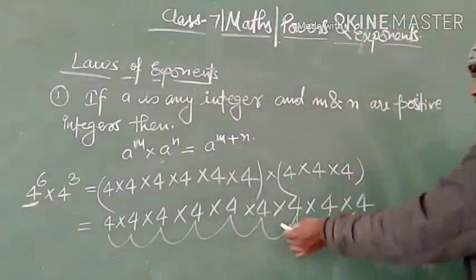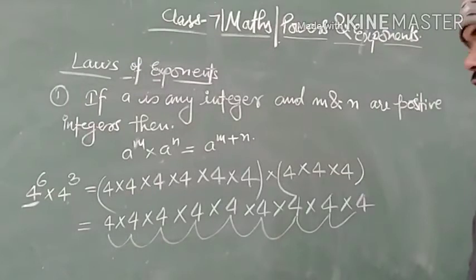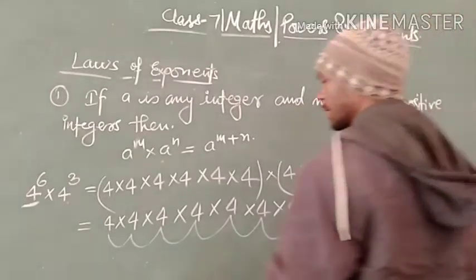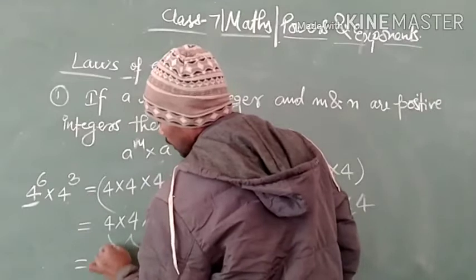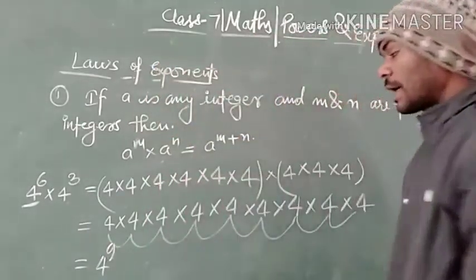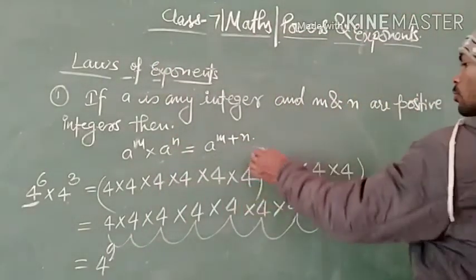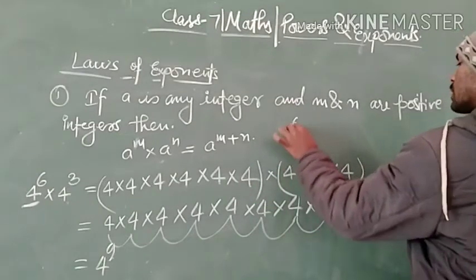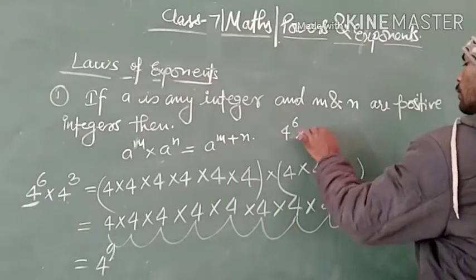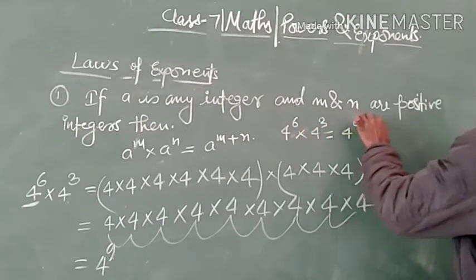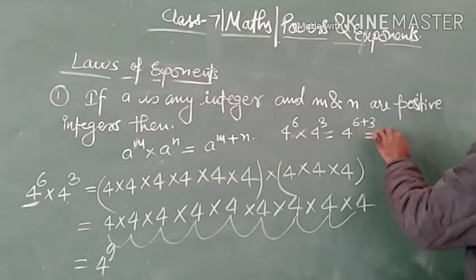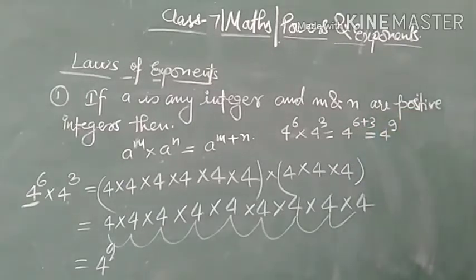So in this line it is clear that 4 is multiplied with itself 9 times, and hence it will be written as 4 to the power 9. Hence by the rule, 4 to the power 6 into 4 to the power 3 is equal to 4 to the power 6 plus 3 is equal to 4 to the power 9.